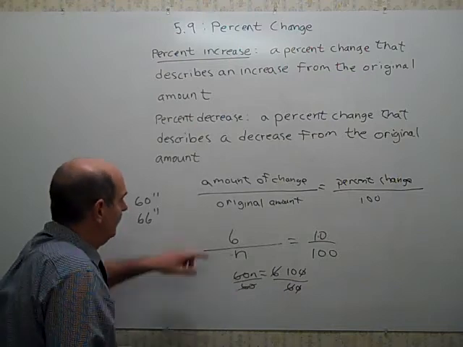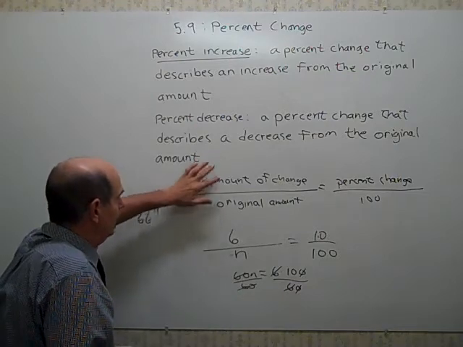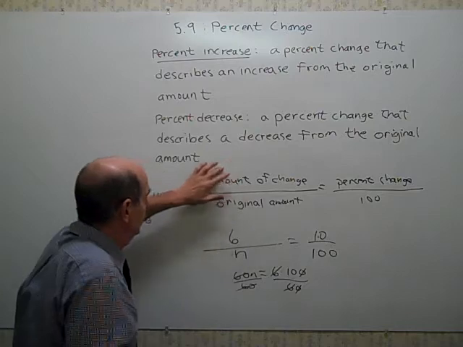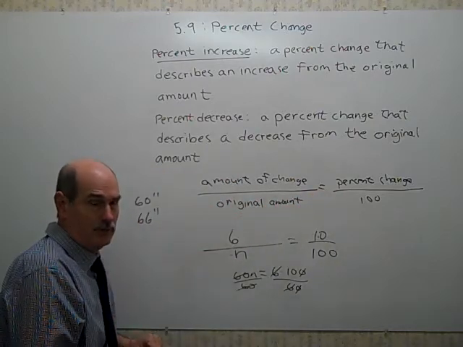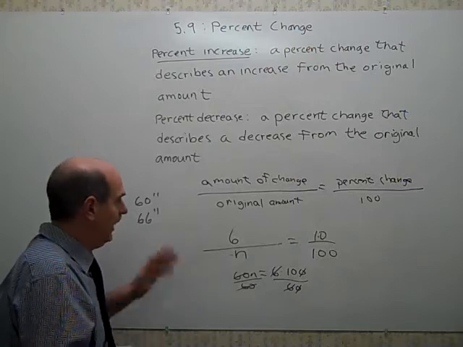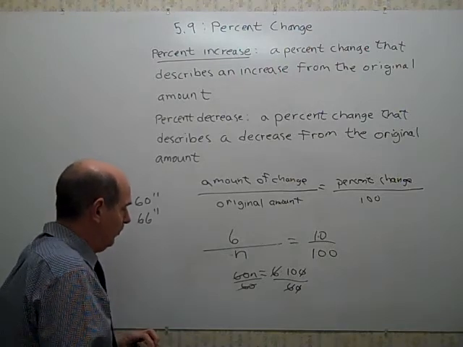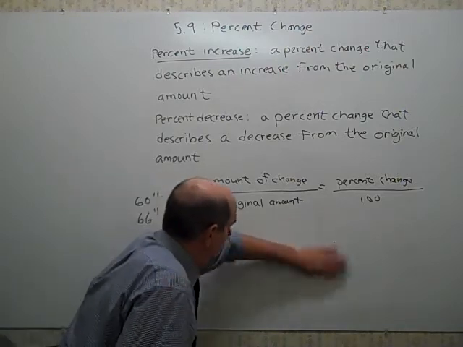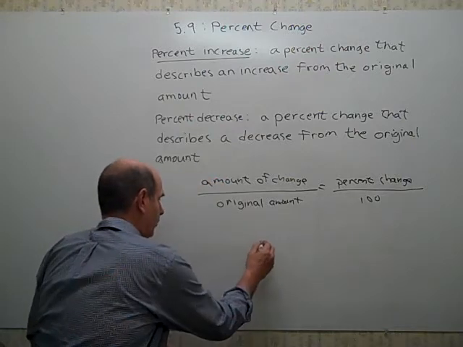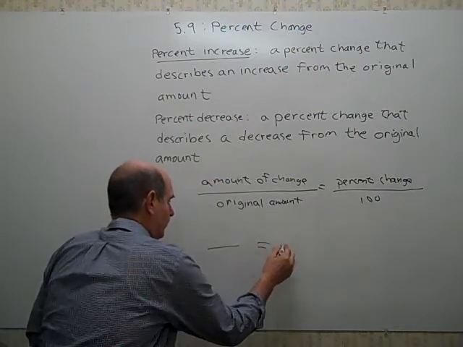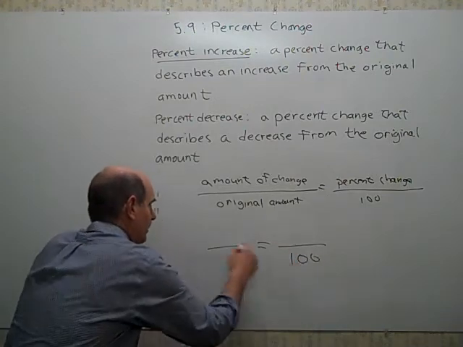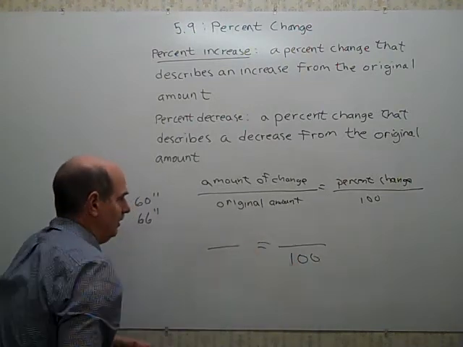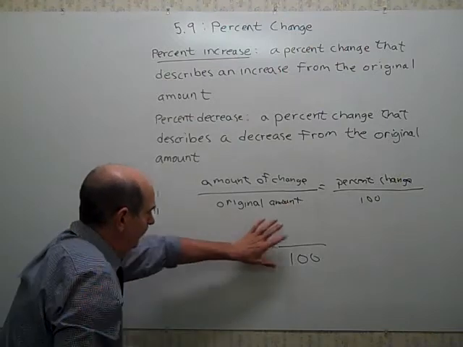So if I know two of these three things, I can figure out the one that's missing just by using proportions and filling in the slots. When we did the part to whole equals percent, we suggested you draw the framework and fill in the two of the three things that you know.